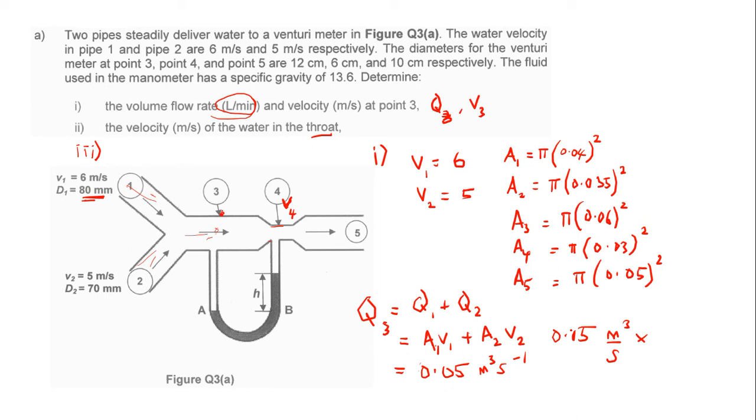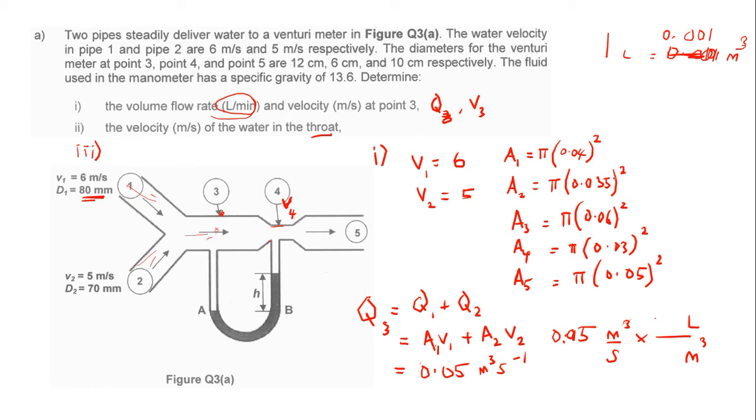How can you change meter cube to liter? 1 liter equals how many meter cube? 1 liter is 0.001 meter cube.